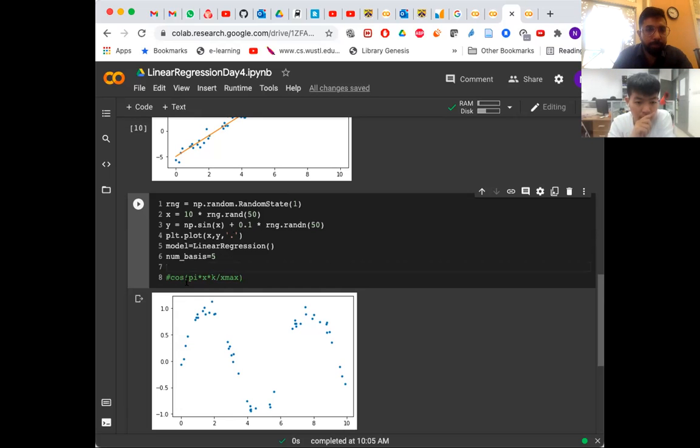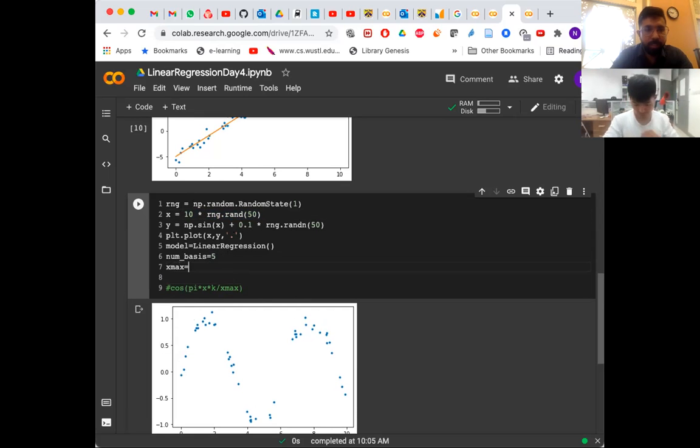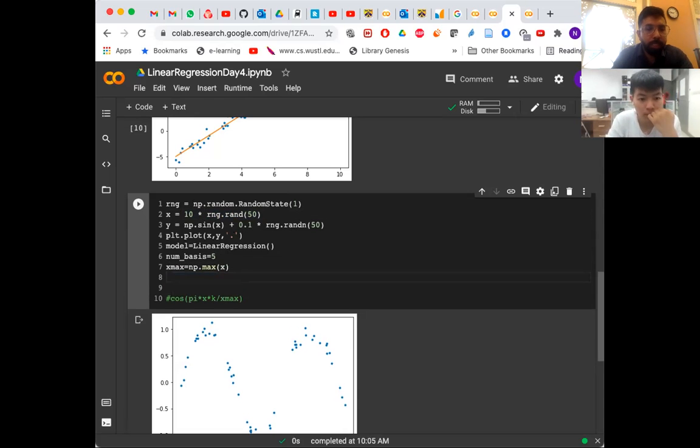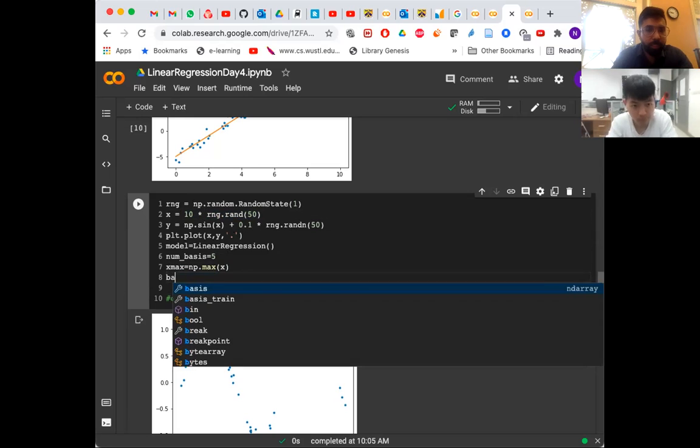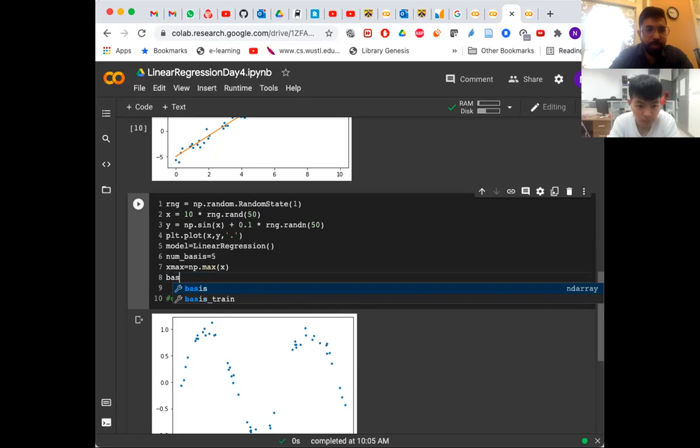So what we need is this x max. Since x is always positive, I can just say that x max is np.max of x. That should be fine. Now I need to find the bases. So I'll do basis_train.